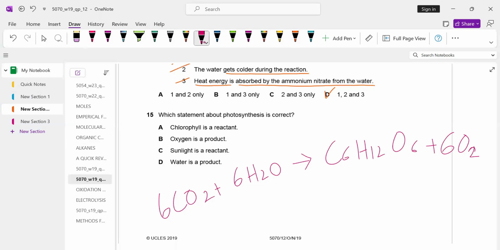The arrow represents the catalyst used for this reaction, which is chlorophyll and sunlight.